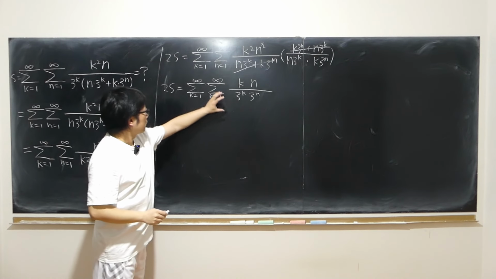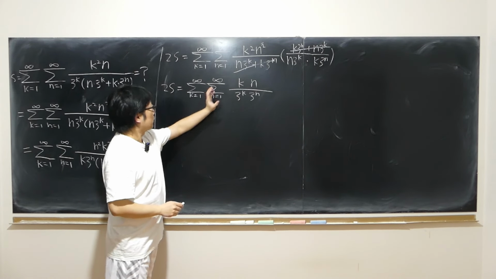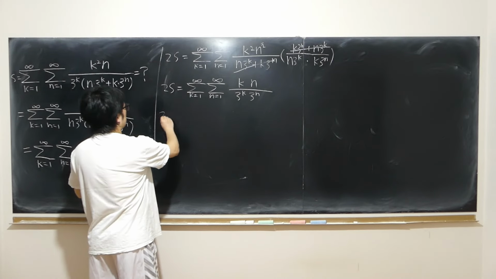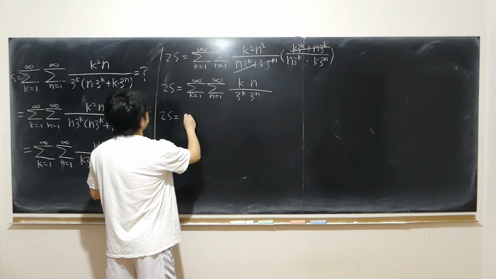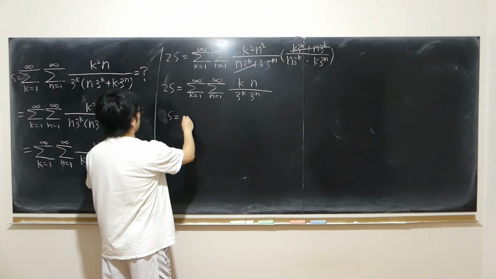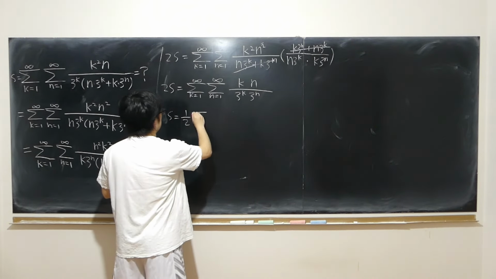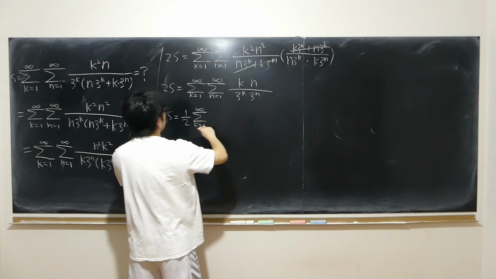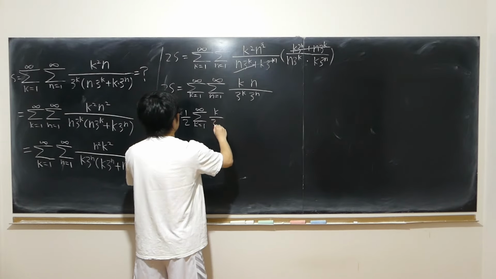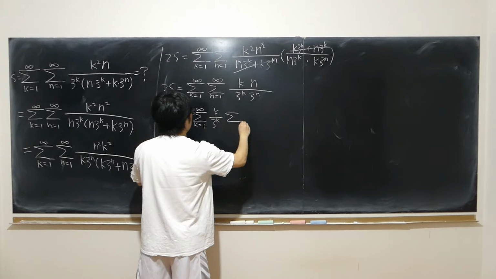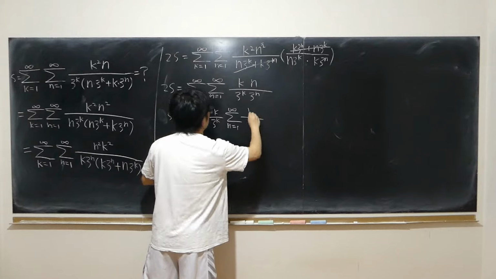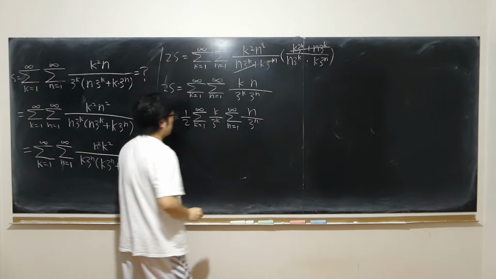So since I'm summing with regard to n, then it has nothing to do with k. So I just pull out all the k terms. So s equals half, sum k from 1 to infinity, pull out the k terms, k over 3 to the k. Then n from 1 to infinity, n over 3 to the n.